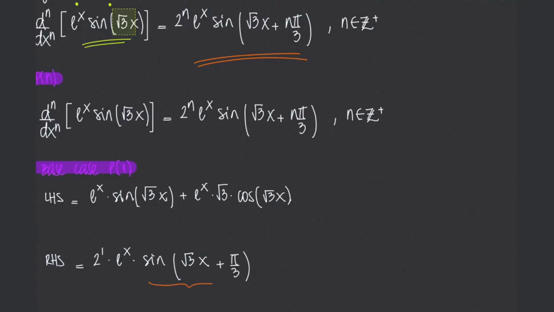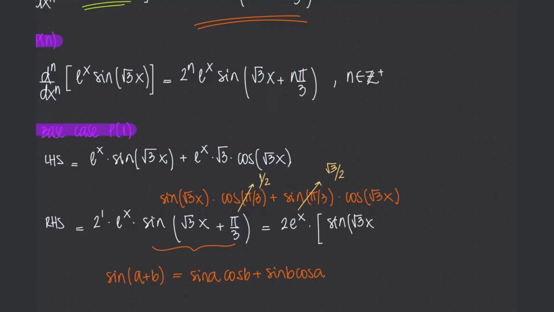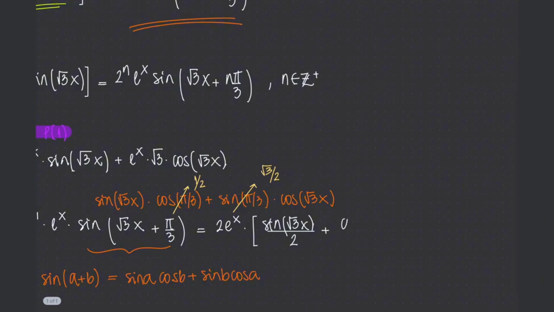And knowing that this can be rewritten using the following identity as sine of root 3 times x times cos of pi over 3 plus sine pi over 3 times cos of root 3 times x, and also knowing that cos of pi over 3 is the same as 1 over 2, and sine of pi over 3 is equal to root 3 over 2, we have the following: 2 times e to the x, sine of root 3 times x divided by 2, plus cosine of root 3 times x divided by 2 times root 3.